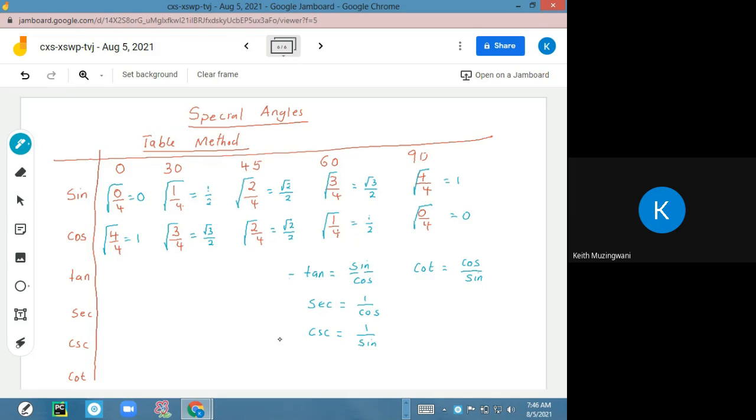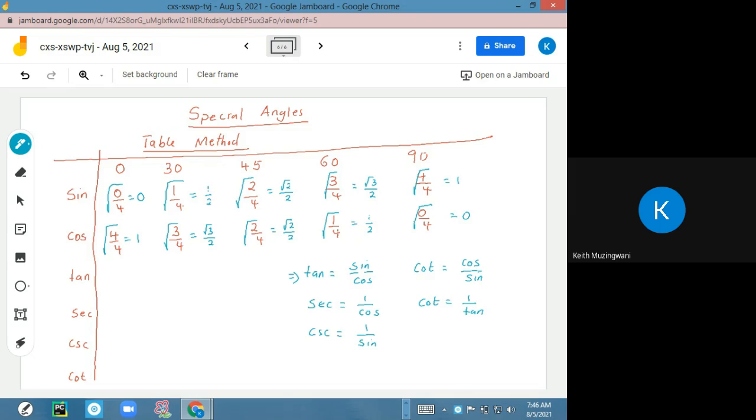If you start with tan, when you get to cot, you just say cot is just 1 over tan. So all the other angles will come from these. As you do them, you easily get to memorize them. So for tan, what is tan 0? It's sine 0 over cos 0. Sine 0 is 0, cos 0 is 1. 0 over 1, that is 0.